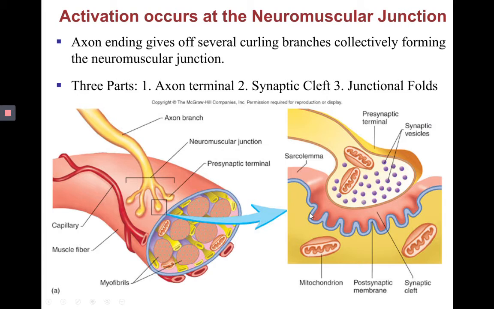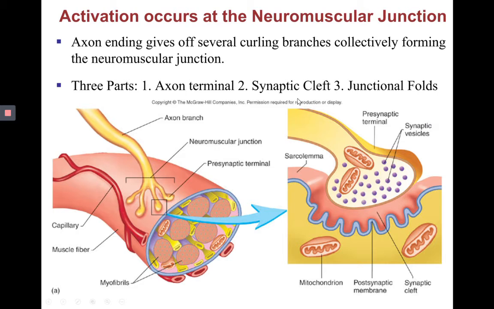The junctional folds of the sarcolemma are many, and they are located along a location called an end plate. So we have the axon ending that gives off several curling branches, and that is collectively forming the neuromuscular junction where it gets close to the sarcolemma at locations called junctional folds. But the axon terminal never touches the junctional folds, and that space between them is the synaptic cleft.